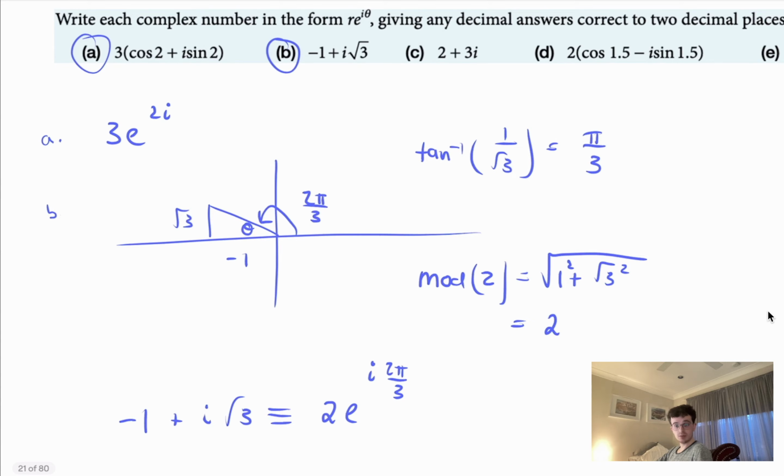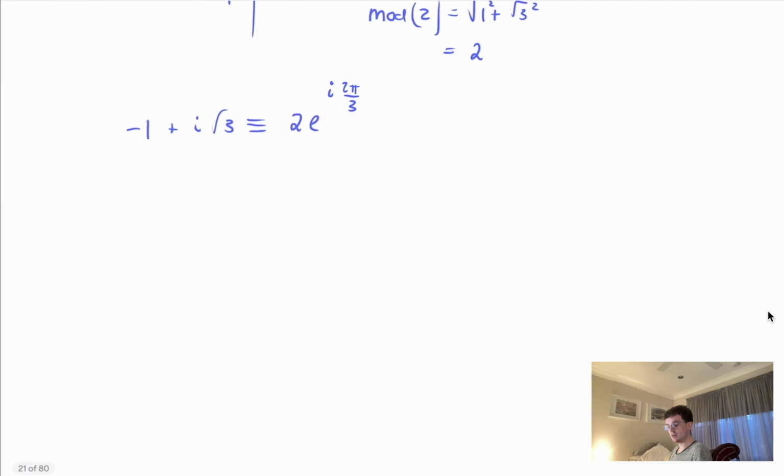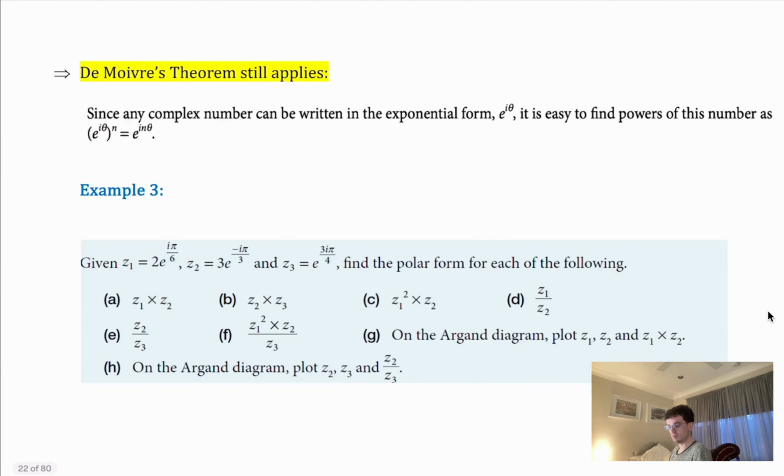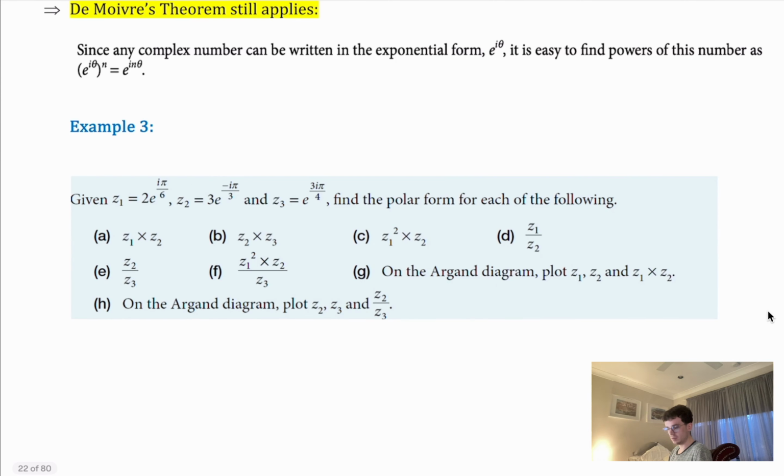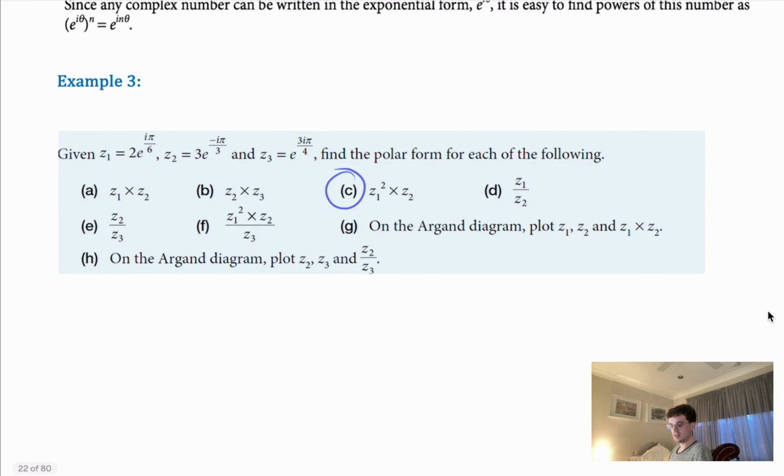We'll do one more example and then we'll conclude the video, just to reinforce the fact that De Moivre's theorem still applies for Euler's formula. I'm going to have a go at part C. So given that z1 is 2e to the i pi on 6, z2 is 3e to the minus i pi on 3, and z3 is 3e to the i pi on 4, find the polar form for each of the following.